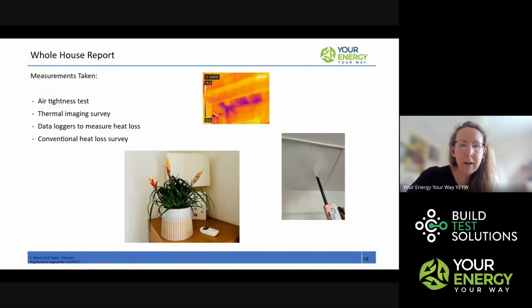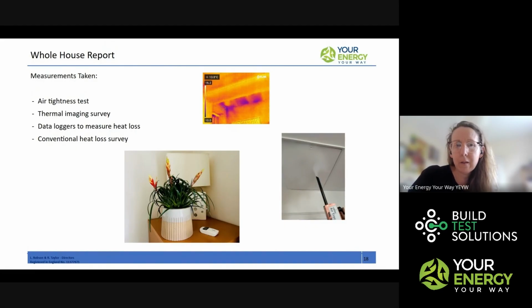We also carried out a thermal imaging survey, and I don't know if you can make this out too well, but this is inside their kitchen with the extension. This is the beam that was the old external wall of the house, and this bit here is the new extension.